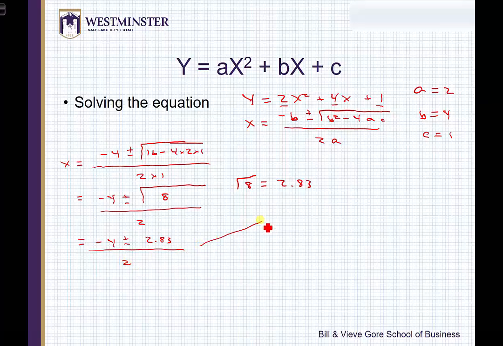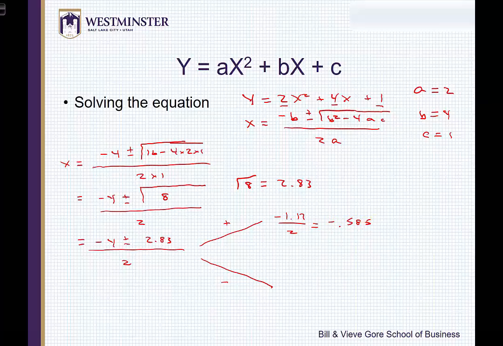which will give us two different solutions because we have plus, a positive operator, and minus, a negative one. As it turns out, this may not give us a positive solution, but we're using the positive operator to get to the solution. So negative 4 plus 2.83 is negative 1.17 divided by 2, which is equal to negative 0.585.